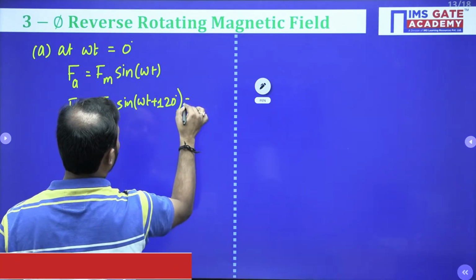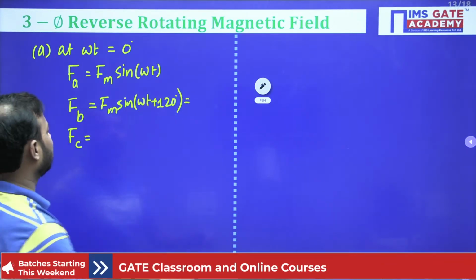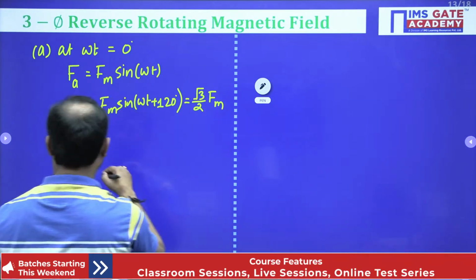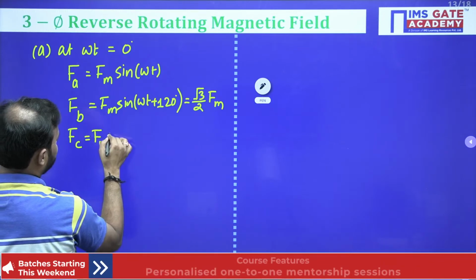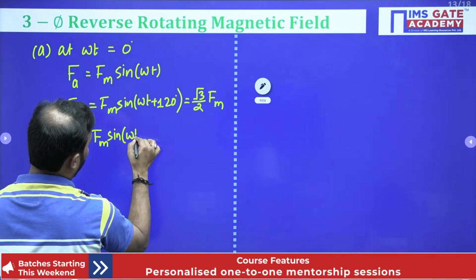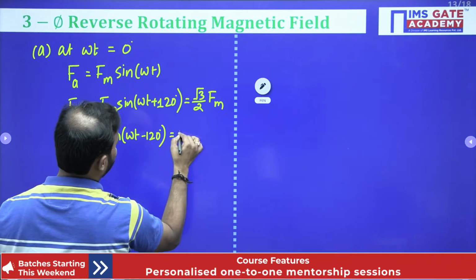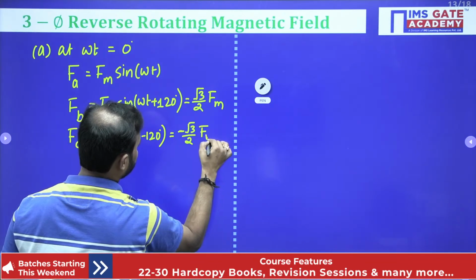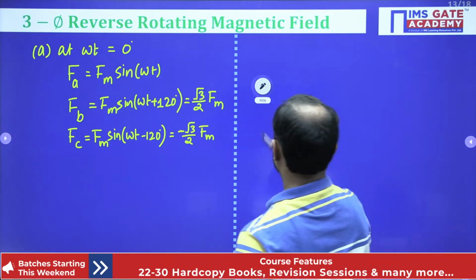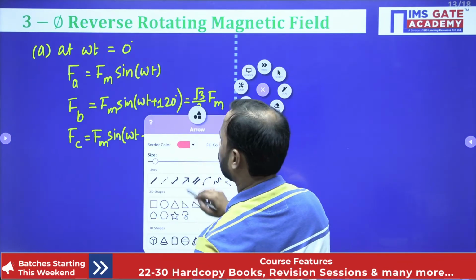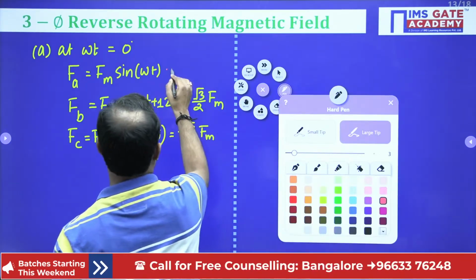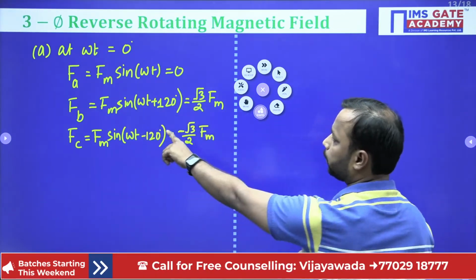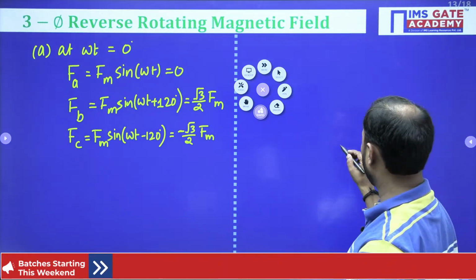So at omega t equal to 0, what do these values become? FB becomes root 3 by 2 FM, and FC, FM sine omega t minus 120 degree, becomes minus root 3 by 2 FM. So your FA will be 0. And FB is positive, so it will be in this direction.